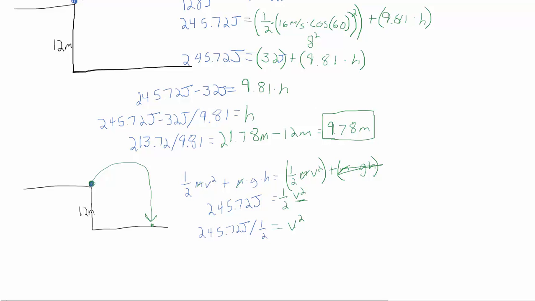And then, if we just want velocity, which is what we do want, we can take the square root of both sides. And that'll give us velocity all by itself.